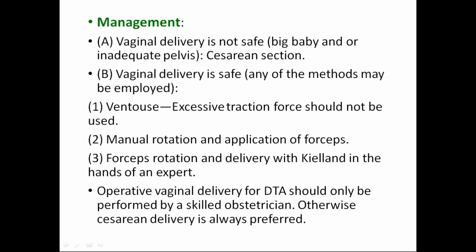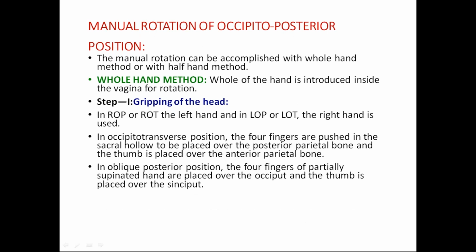If spontaneous delivery is not occurring or descent is not occurring, then you can do ventouse application, manual rotation, or forceps. Operative vaginal delivery should be performed by a skilled person. I already told you. Nowadays, nobody is doing all this; instead they are going for cesarean delivery.